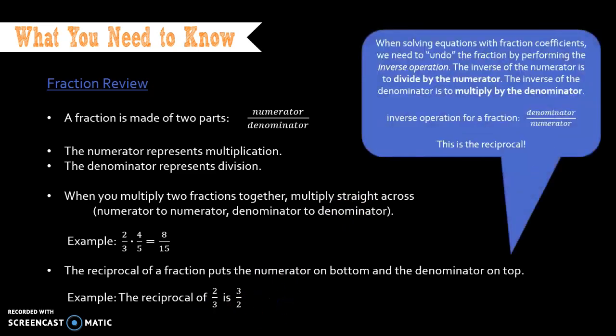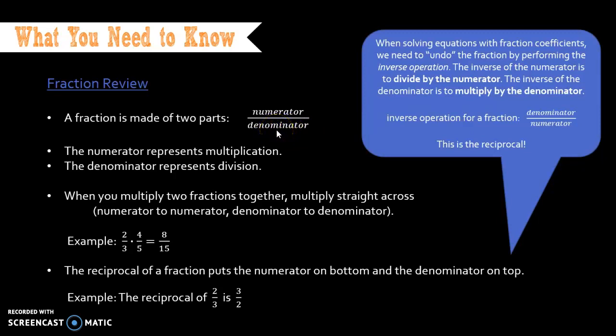When you're solving equations with fraction coefficients, we need to undo the fraction by performing the inverse operation. So it has two parts. The inverse of the numerator is to divide by the numerator, because the top value tells you to multiply by that top value. The opposite of multiplying is dividing. The inverse of the denominator is to multiply by the denominator, because the denominator tells you to divide by that number.